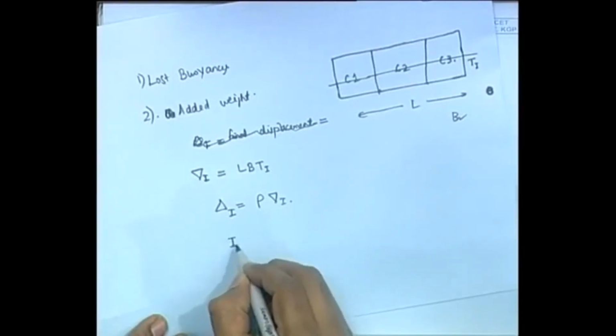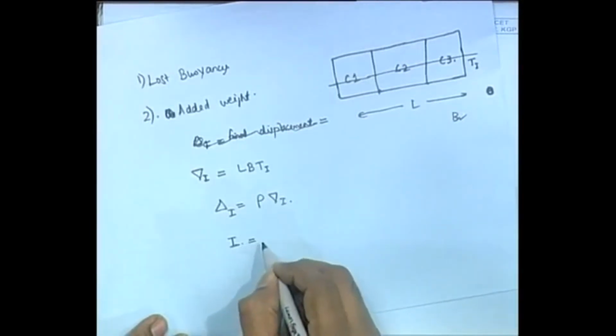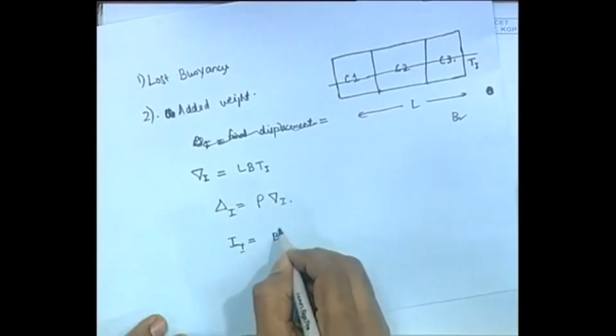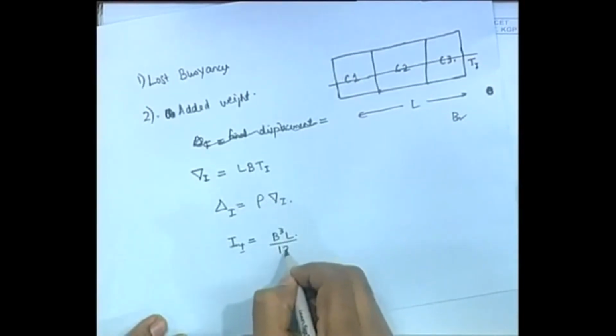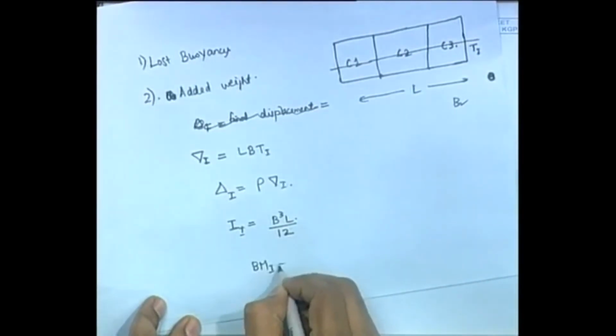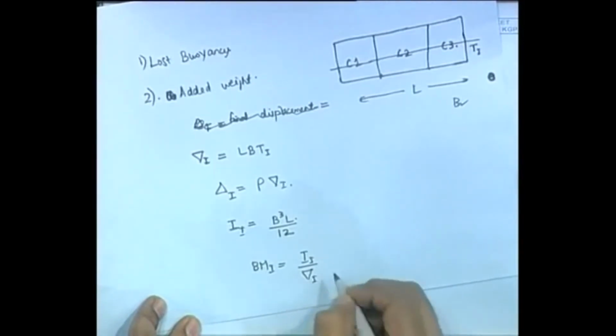Now suppose I need to calculate the moment of inertia about the center line. I initial is equal to b cube L by 12, and the initial metacentric radius Bm initial is equal to I initial divided by del initial.